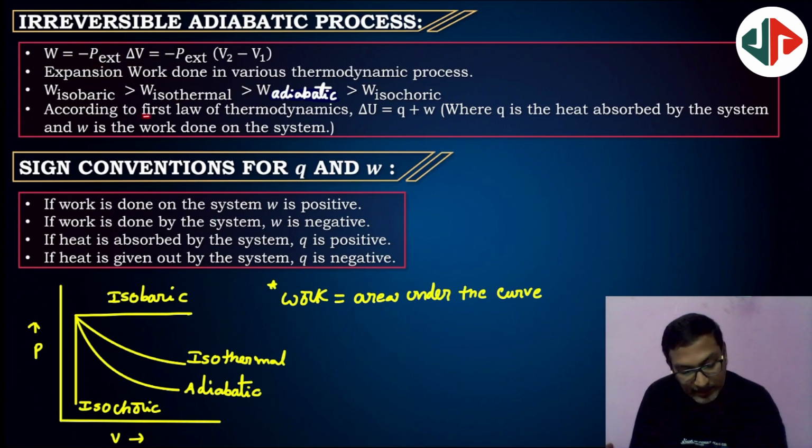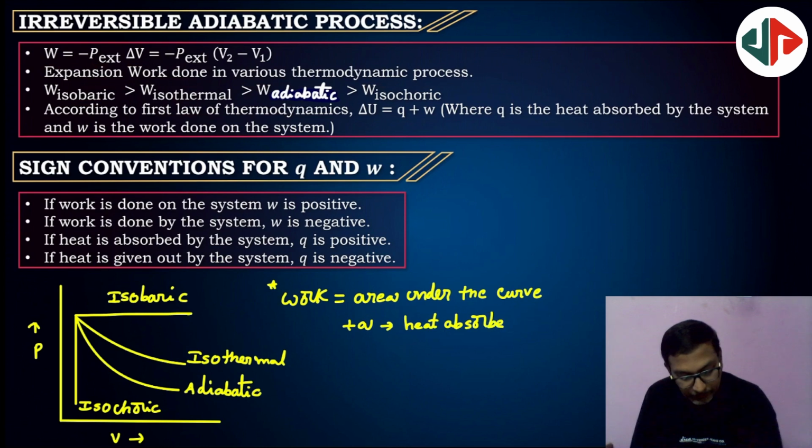Next, first law of thermodynamics, delta U equal to Q plus W, where Q is heat absorbed. Here plus Q means heat absorbed by the system, minus Q heat released.